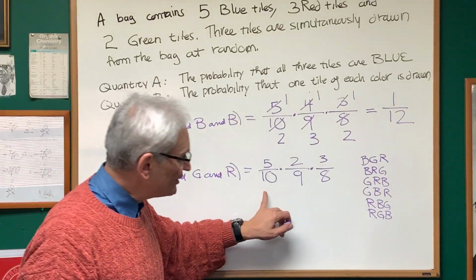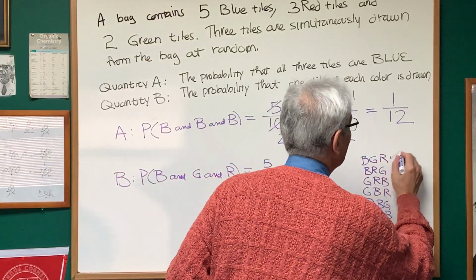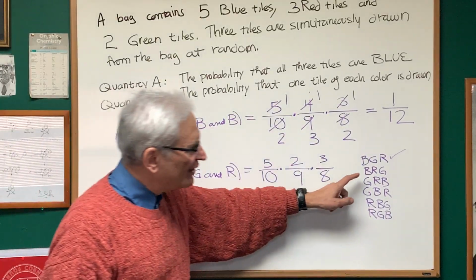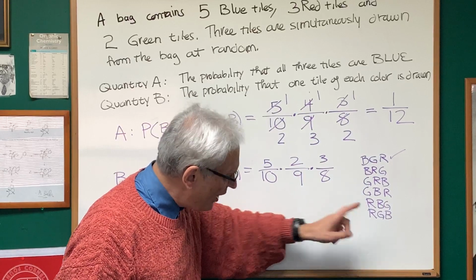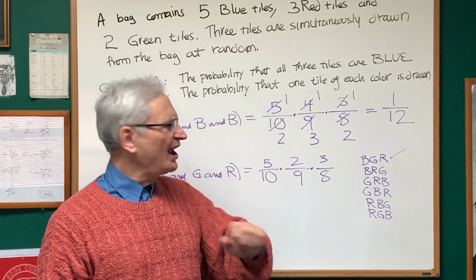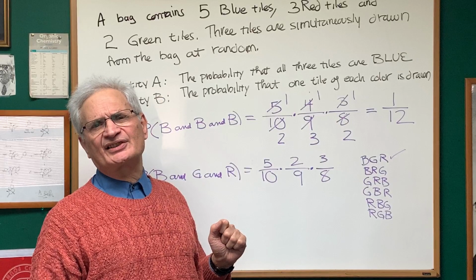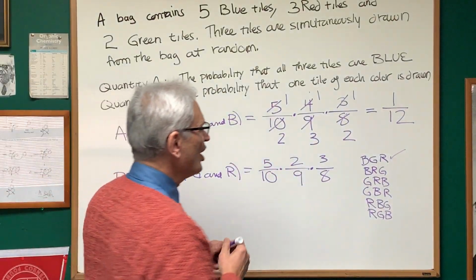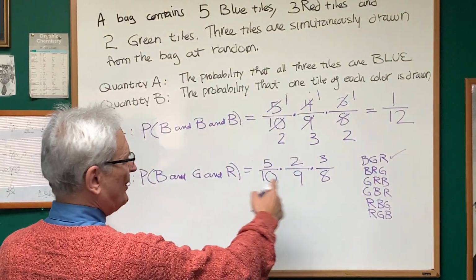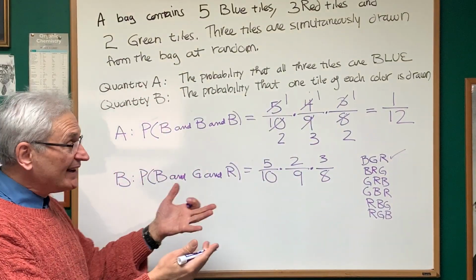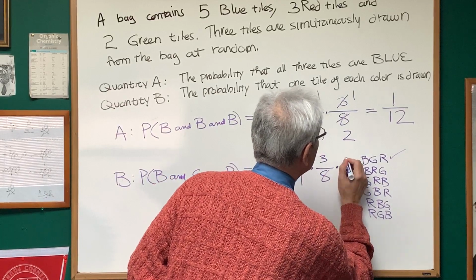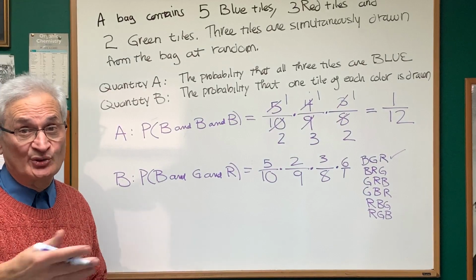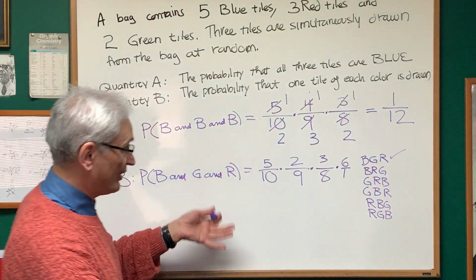Now remember, this is just the probability of one of these outcomes. It turns out, and you can verify this for yourself, that if you calculate the probabilities of each one of these remaining possibilities, it's going to be the exact same set of numerators and denominators. It's going to be the same outcome. So all we have to do to evaluate the blue, green, and red in any order is to multiply this quantity by 6, representing the 6 possible ways that blue, green, and red can be an outcome of the drawing from the bag.